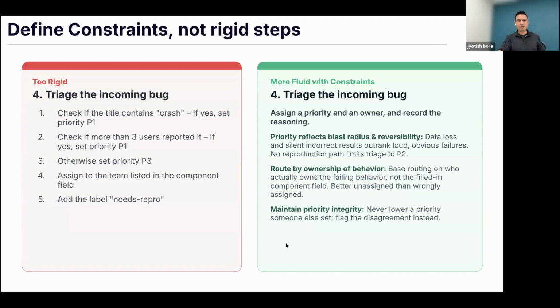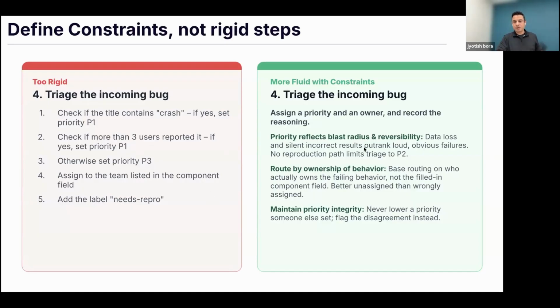If you look at the one on the left and the one on the right, you can see that the one on the left is just giving if-else kind of logic, right? At that point, you don't need to write a skill. The skill is not useful because this is so rigid and fixed. That means you don't need to write a skill for it.